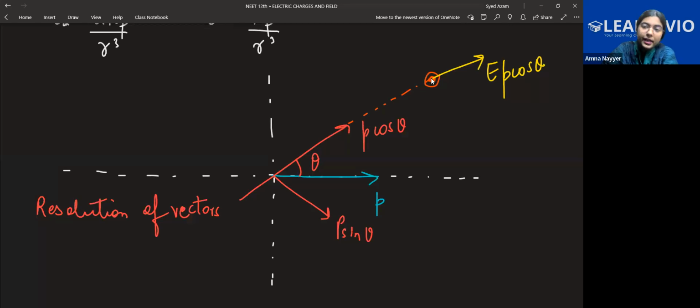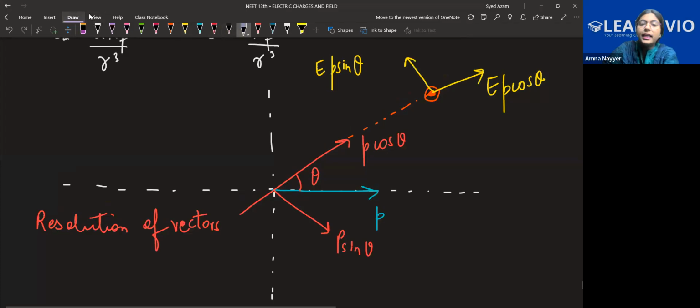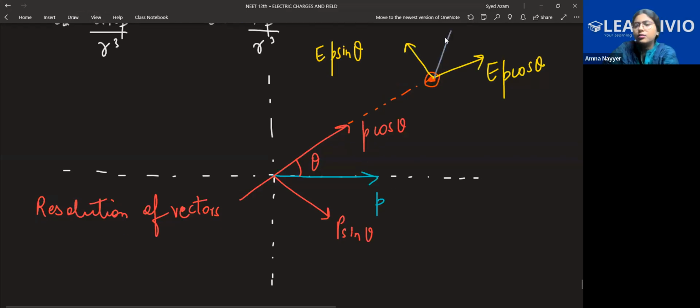And in the perpendicular direction and opposite to that of the dipole, you will take the equatorial one, that is E P sin theta. And then you will take the net value of these two. Let's say this is some E net. This is the net electric field which is present. And take this angle as some phi. Okay, this is what is there.